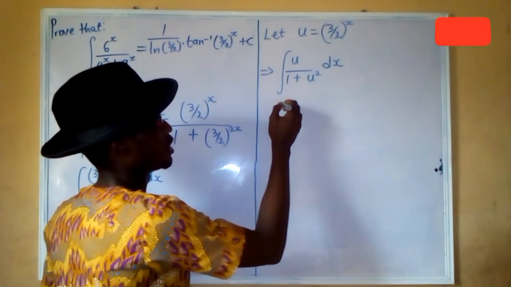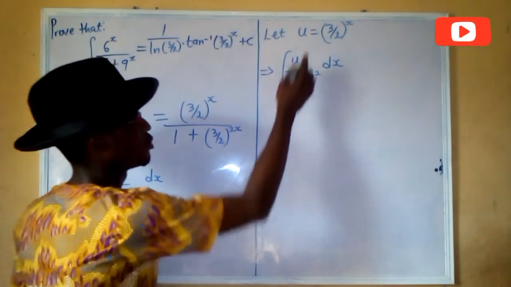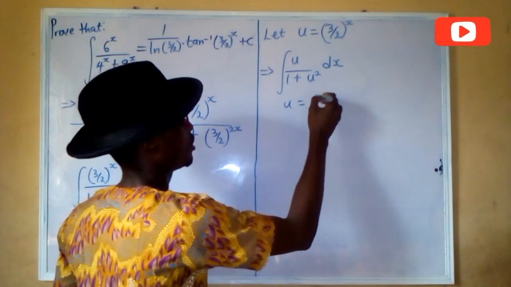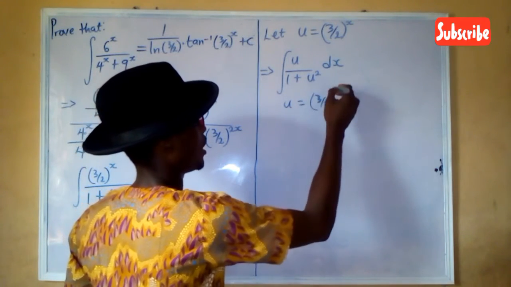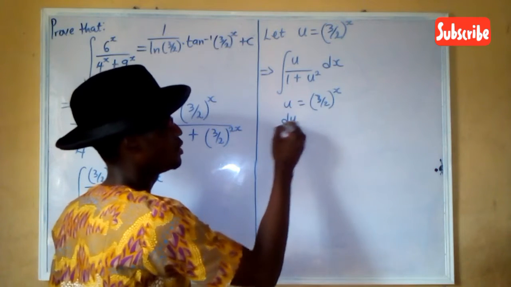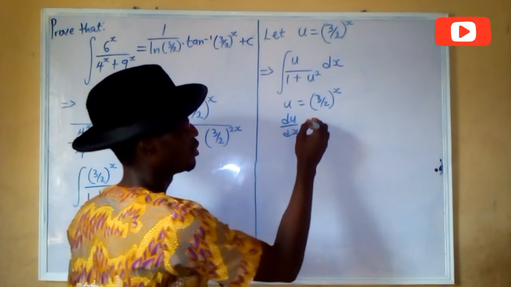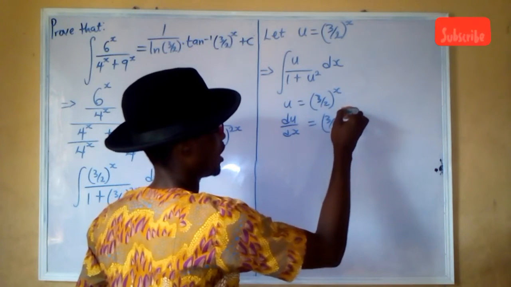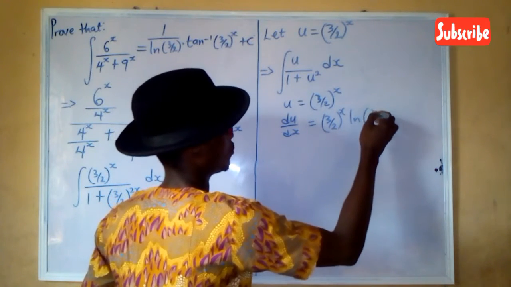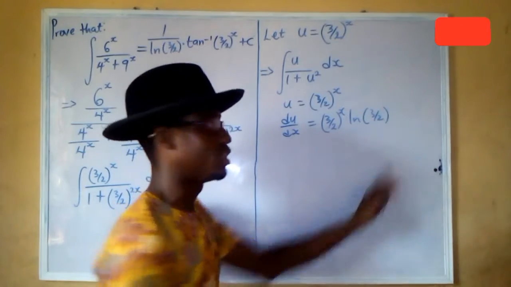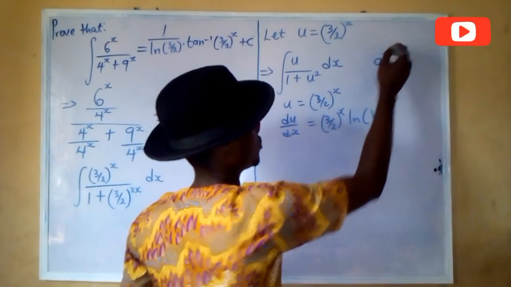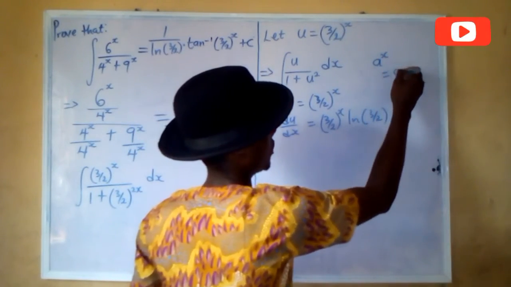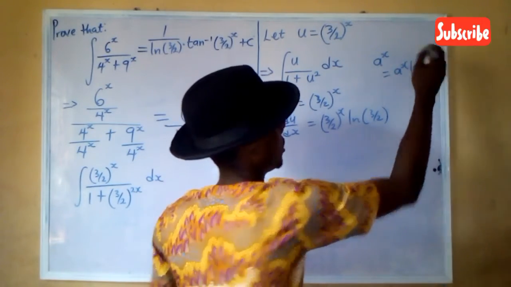So u equals (3/2) raised to the power x. Then differentiating u will give us (3/2) raised to the power x times ln(3/2). Note this, that differentiating a raised to the power x gives us a raised to the power x times ln a.